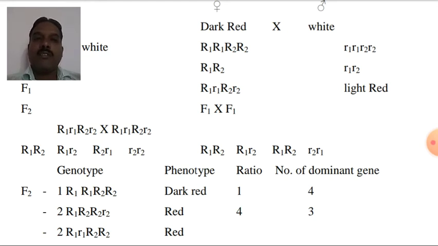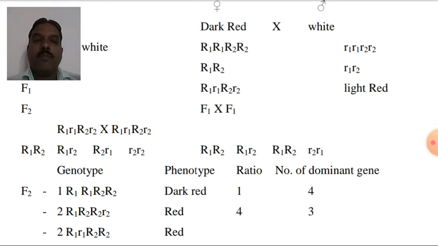This is the heterozygous genotype obtained in the F1 generation, and it shows the intermediate effect, that is light red. How this light red arises in F1, the color effects we will observe in the F2 generation.